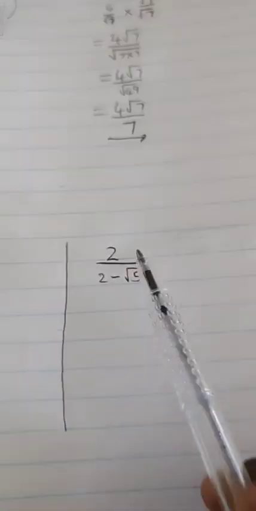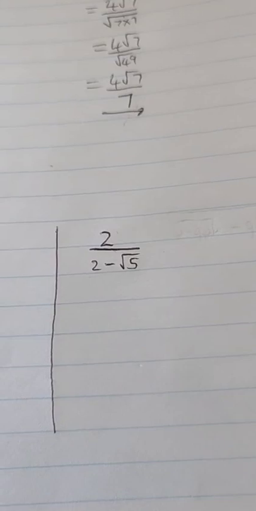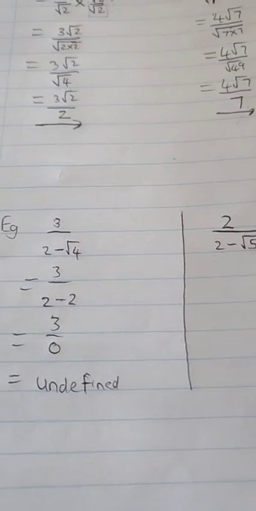Let's look at this question, guys. Two over 2 minus square root 5. Now, if we look at the previous question, this one was quite nice, because we did not have anything that was irrational in the denominator.